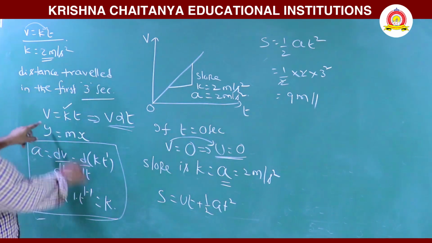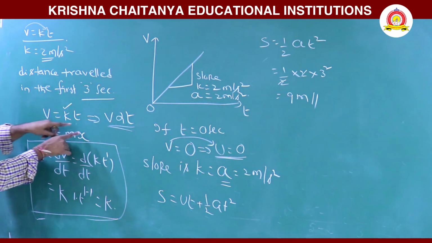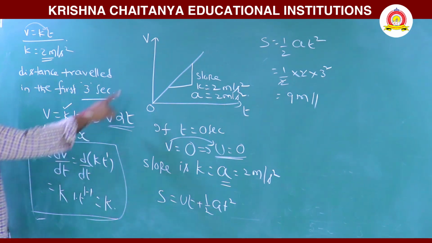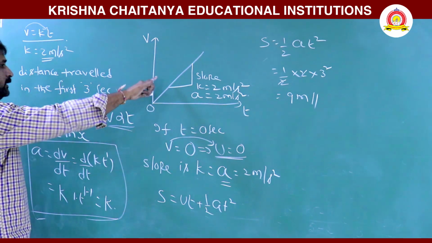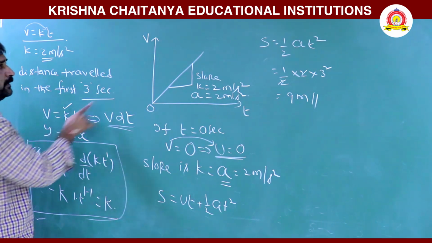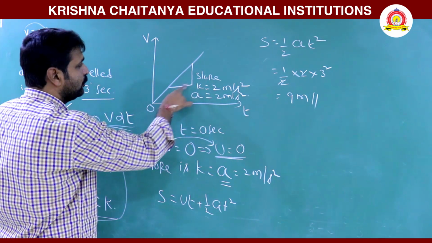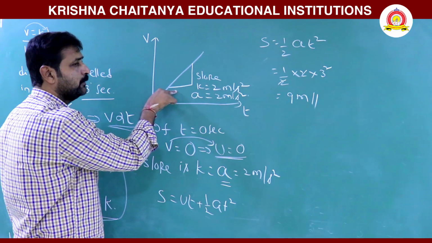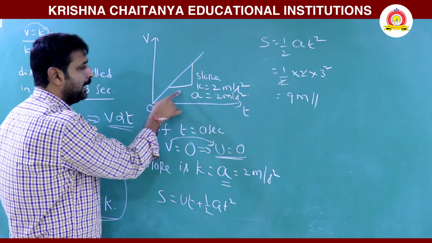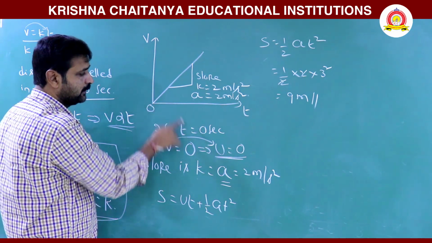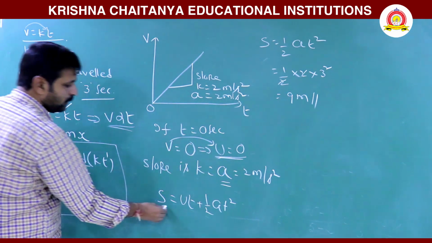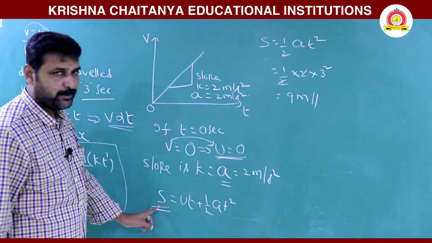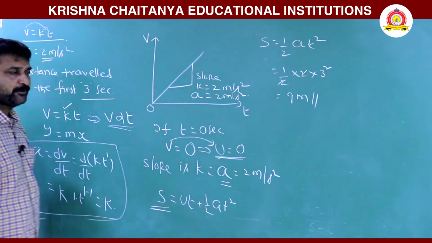So for velocity on the y-axis and time on the x-axis, the graph is drawn and it is a straight line passing through the origin. The slope is k. For a velocity-time graph, slope is acceleration. Again from the graph method also we can write acceleration. From this, taking initial velocity by substituting t as 0, we can write s is equal to ut plus half at squared.